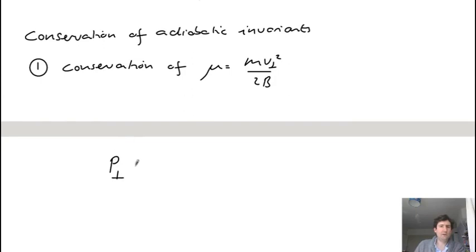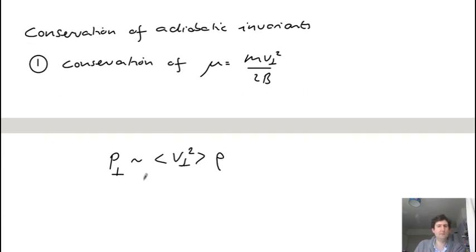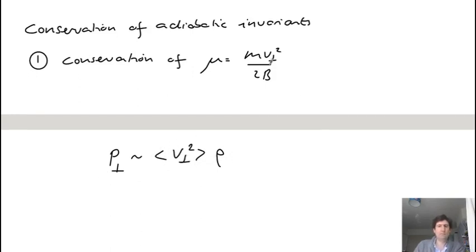The perpendicular pressure is roughly like the average of the perpendicular kinetic energy, so it's the average of v squared times the mass density of the ions. So you have essentially the temperature times the density. Because these m's and 2's are constants, mu times b is roughly like v perpendicular squared.